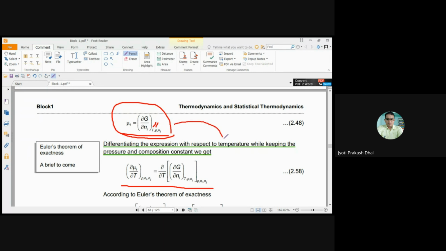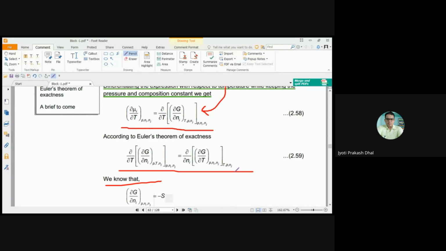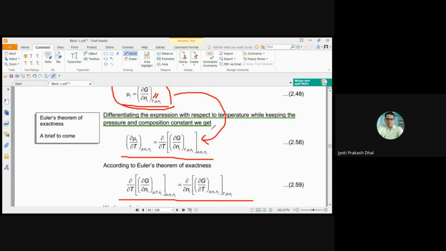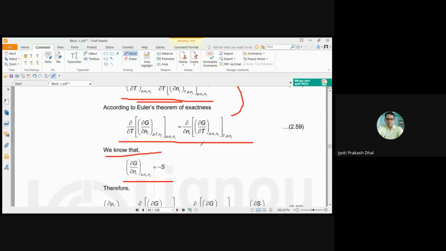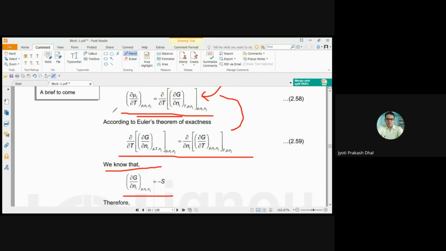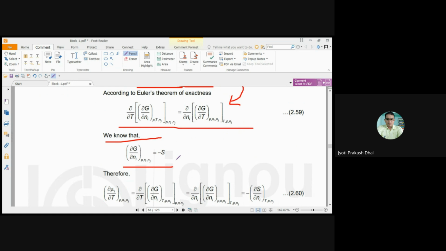Now differentiating this equation, exactly similar differentiation will be there as we have done for X. Using Euler's theorem, equation 2.58 changes into equation 2.59, and again we know that del G by del T at constant pressure, constant number of moles of i, constant number of moles of j, is equal to minus S.